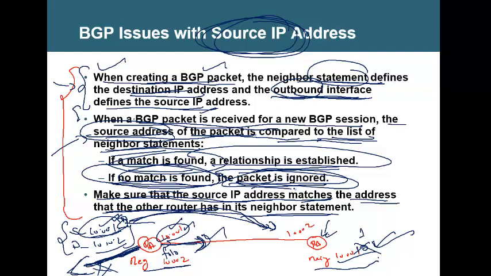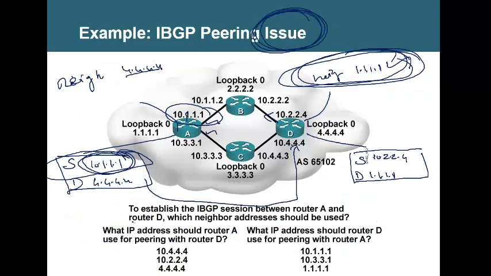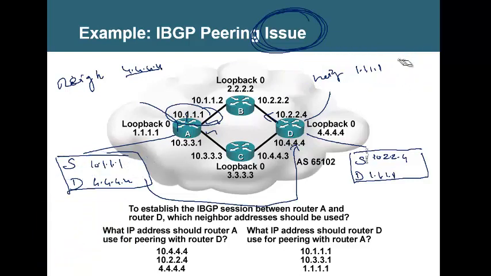Yes. That's why the last point says you need to make sure the source address always matches with the remote router's neighbor statement. So we need to do some magic here. Listen carefully. We need to do something so that I still use the loopback.